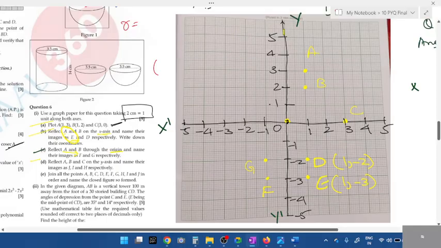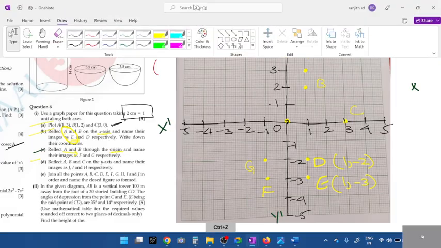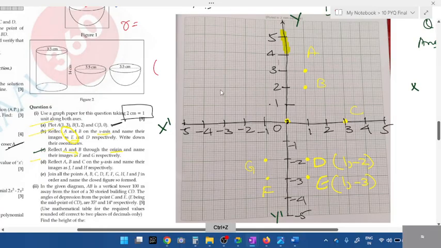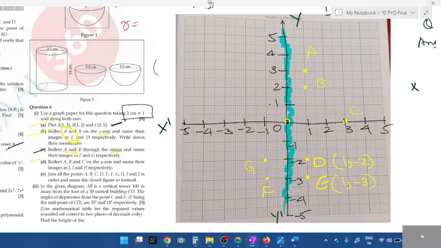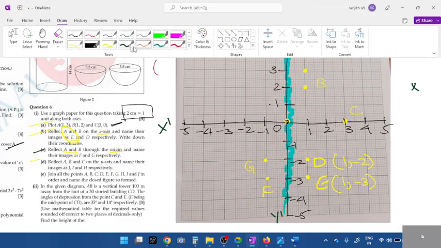So imagine the mirror is on Y axis. Like this. So what are the 3 points I have to reflect? What are the 3 points students?